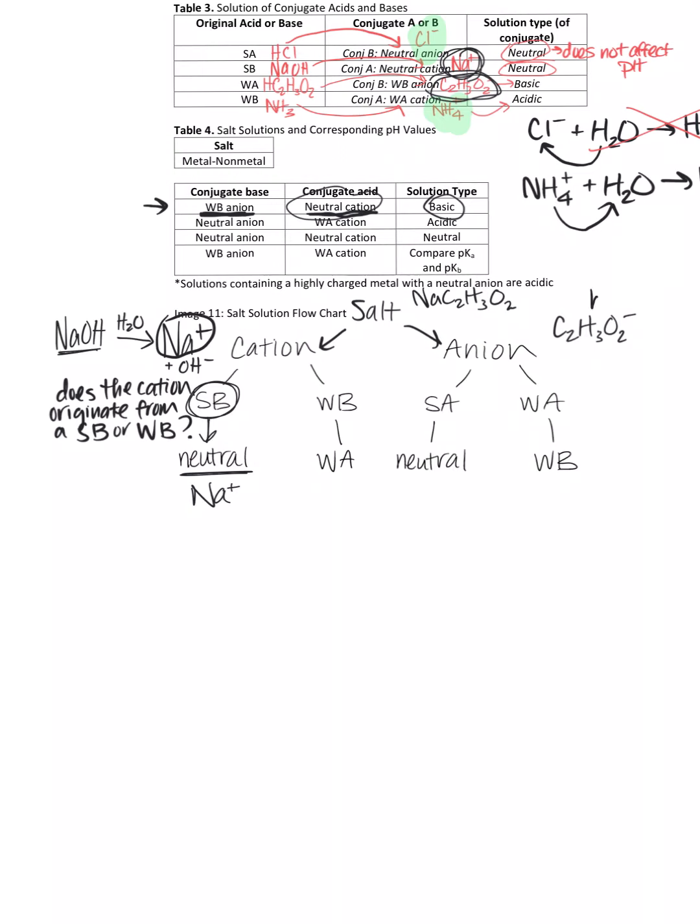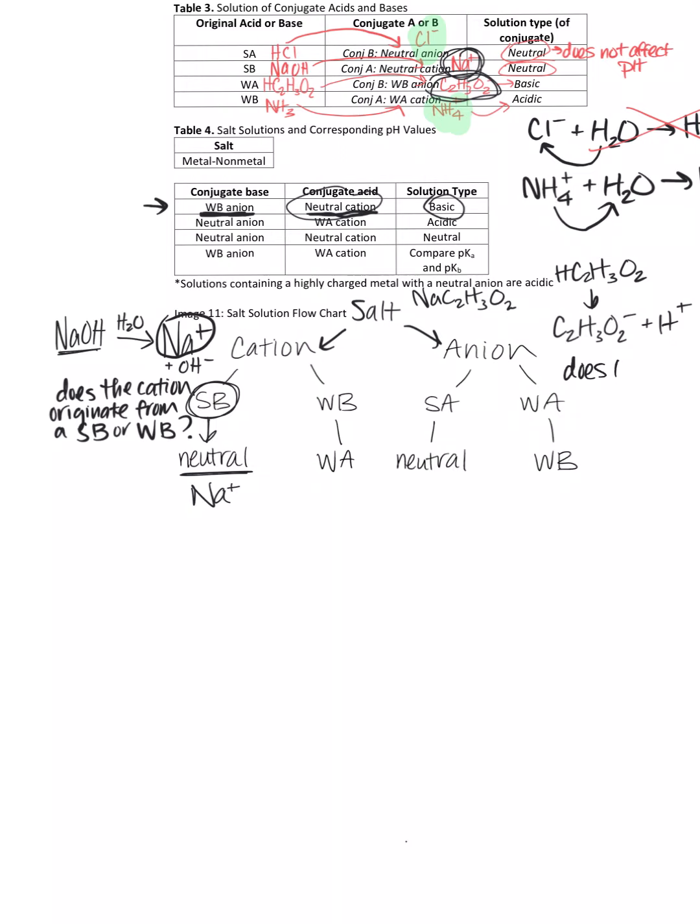Well, its original acid before dissociation, before losing an acidic proton, is acetic acid. And because acetic acid is weak, it produces a slightly basic anion when it dissociates. So yes, it dissociates into acetate and H+, but of course we're focusing on the acetate. So we ask a very similar question like we did with the cation.